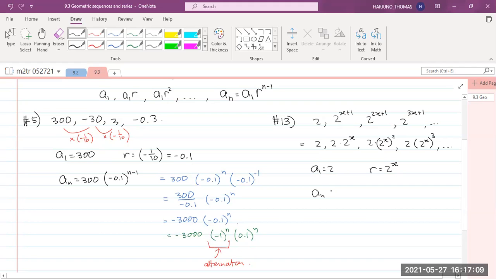So the nth term will be the first term times the common ratio to the n minus 1. That's 2 times 2 to the nx minus x.